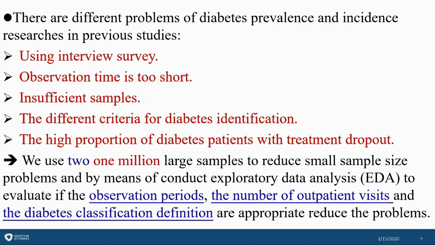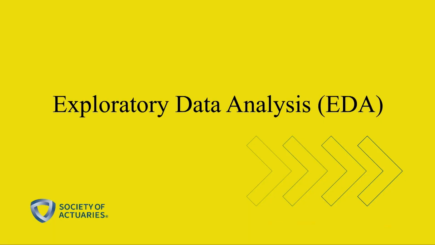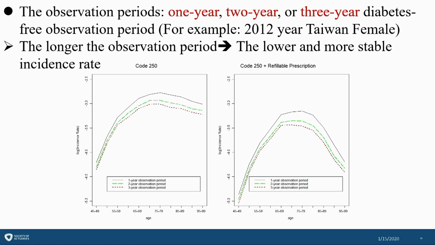We use a 1 million large sample to reduce the small sample size problem, and conduct exploratory data analysis to evaluate if the observation period, the number of outpatient visits, and the diabetes classification definition reduce the problems. So now we move to the EDA.